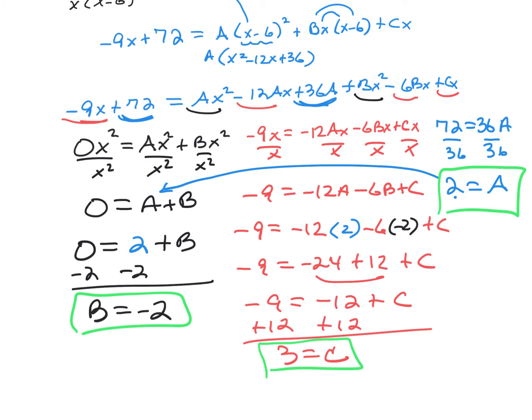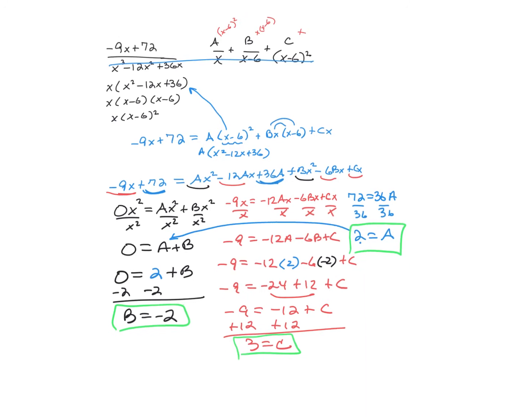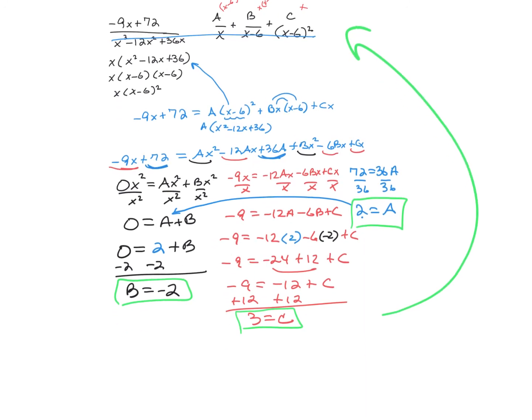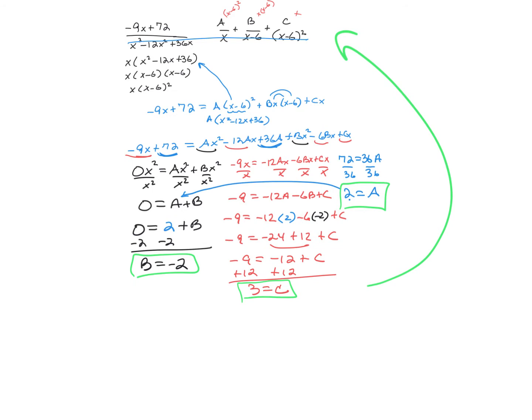I now can take the value of my three variables. So you're going to get points for solving and getting the correct three values of each of your variables. And then now you take those three, and we're going to plug it back in to the beginning and set up our partial fractions. So I'm going to put a over x. So 2 over x.